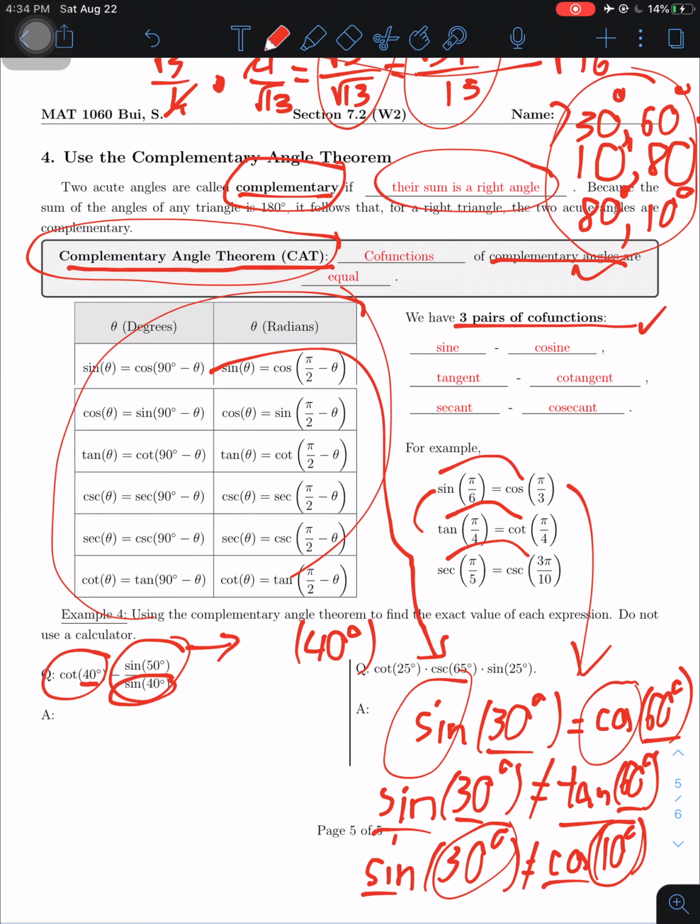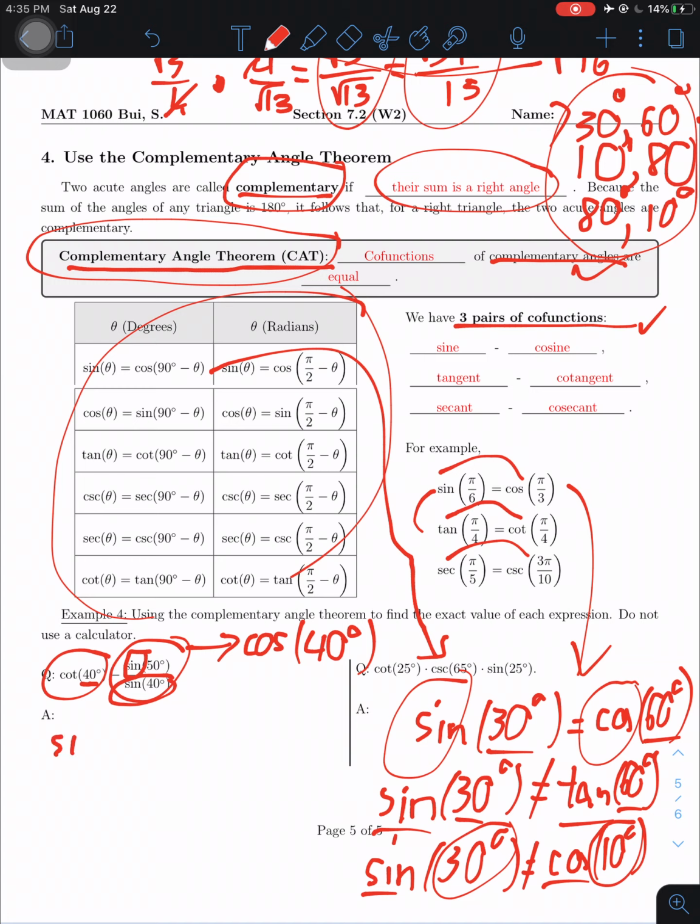We have the angle already. Now let's talk about the function. What should we put in front of 40? Should we put sine, cosine, tangent, cosecant, secant, or cotangent? Well, the second requirement is that we have to use co-functions. What goes with sine? Cosine, just by the names. Really easy to remember: co-functions go by the names.